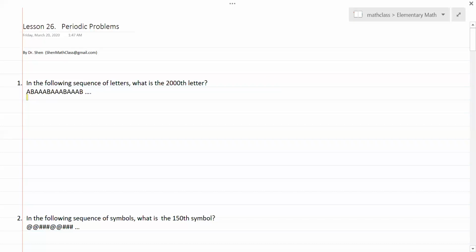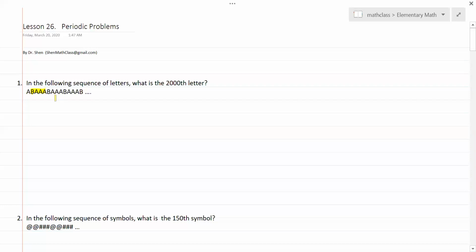So when you look at it, you see A, B, A, and can you see the pattern? There are always 3 A's between 2 B's. So this is a pattern, BAAA or whatever. BA is a pattern.